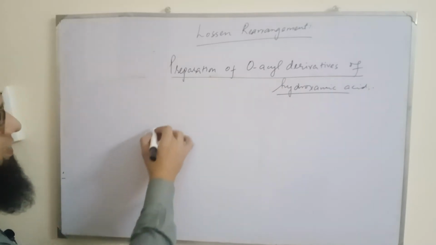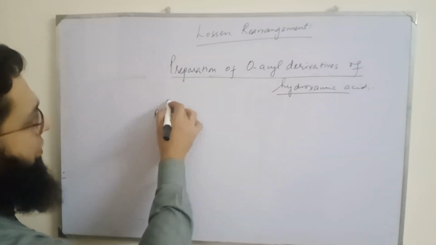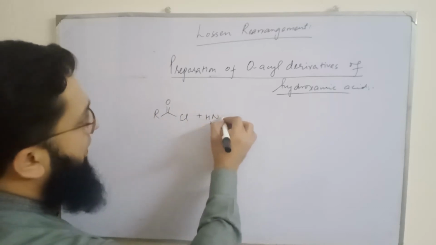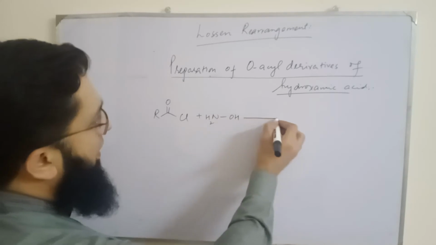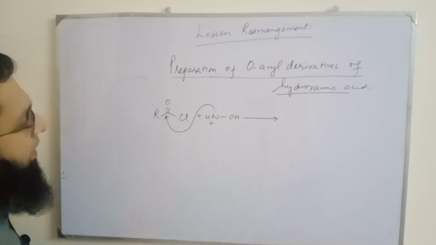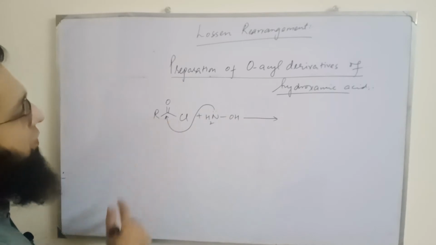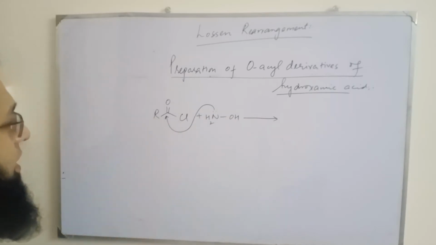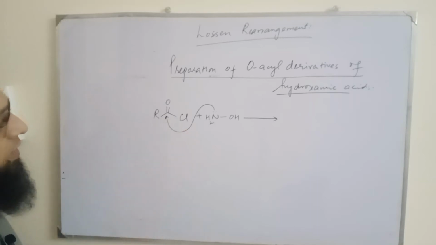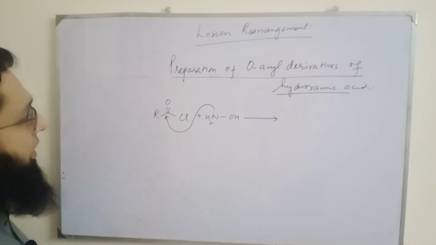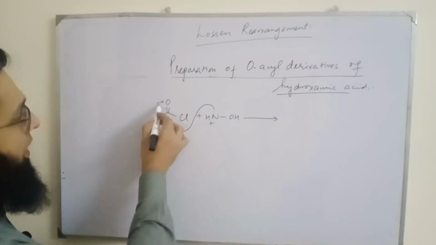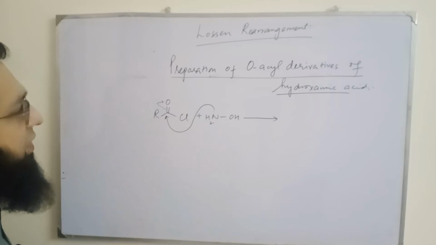In the first step, we use acid chloride, which is allowed to react with hydroxylamine, and in this case this would attack here, and because acid halides belong to class 1 carbonyls which have acyl group attached to electronegative atom and can undergo nucleophilic substitution reaction, so this would attack here, this pi bond would break, and as a result tetrahedral intermediate would form.